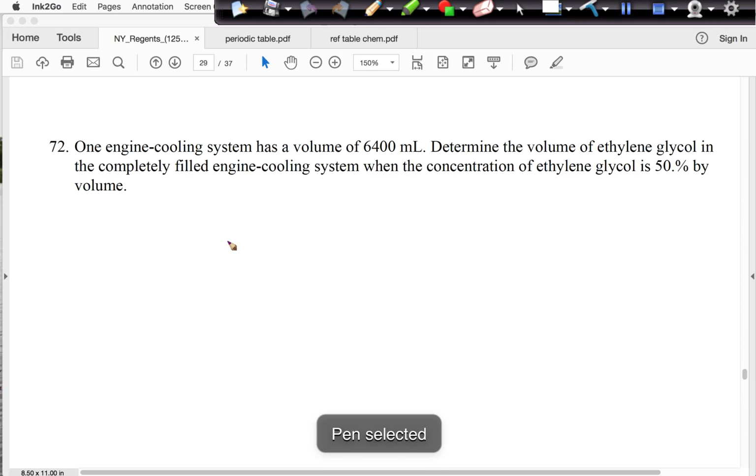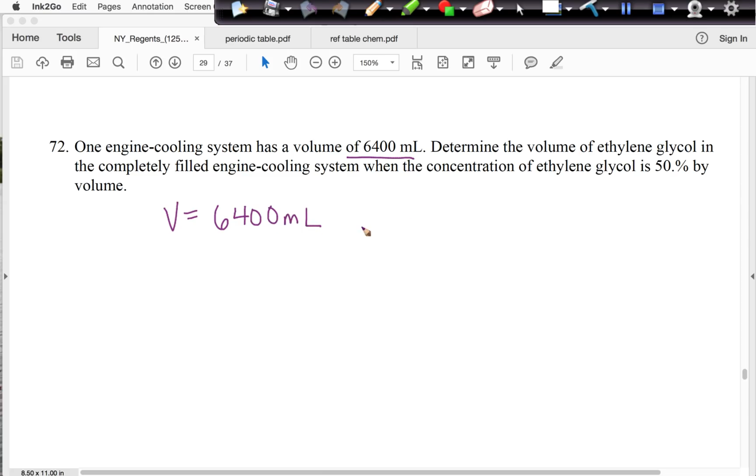For 72, it says one engine cooling system has a volume of 6,400 milliliters. It says determine the volume of ethylene glycol in the completely filled engine cooling system when the concentration of ethylene glycol is 50% by volume. So any percent is going to be part over whole times 100.